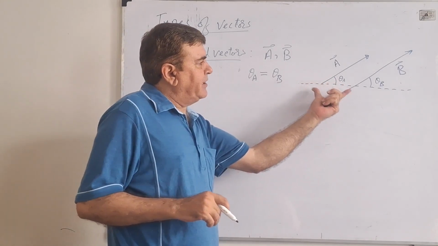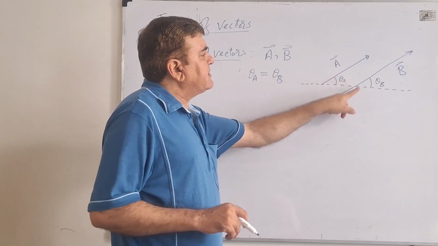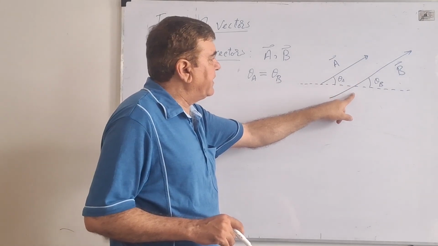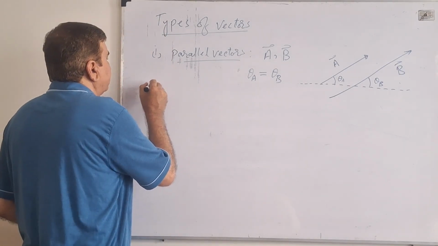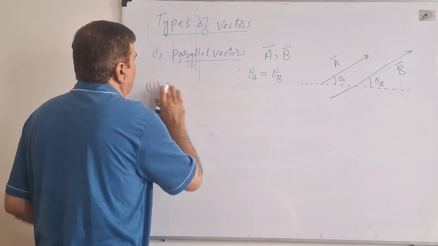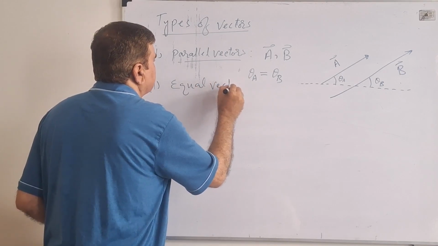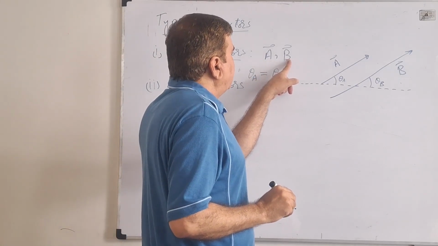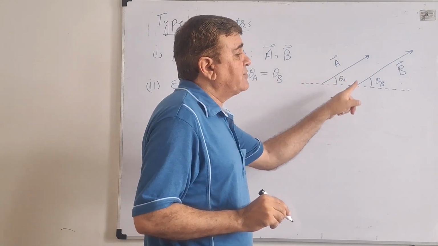Now, if you put an additional condition on these two vectors, that is, they are parallel, and alongside that characteristic, the magnitudes of the two vectors are also the same, then we define another type of vectors we call equal vectors. That is, vectors A and B are said to be equal if they point in the same direction and alongside they have the same magnitude.